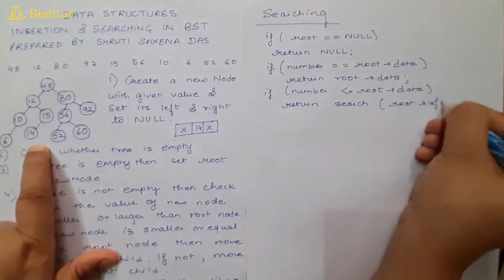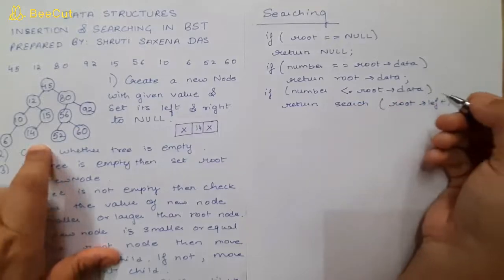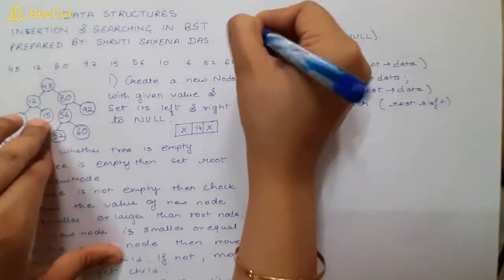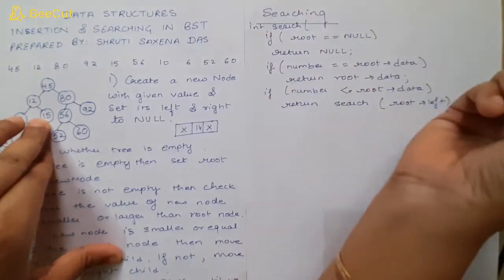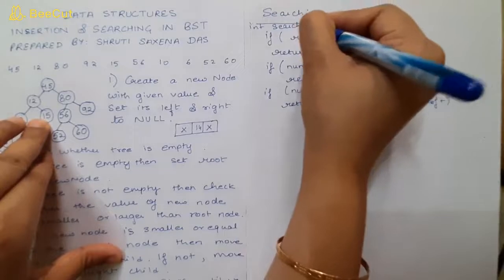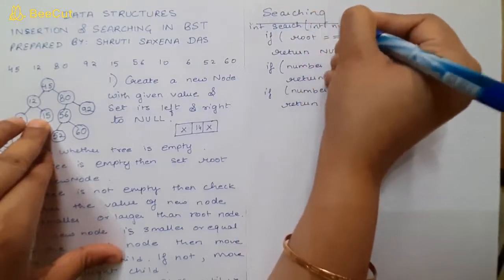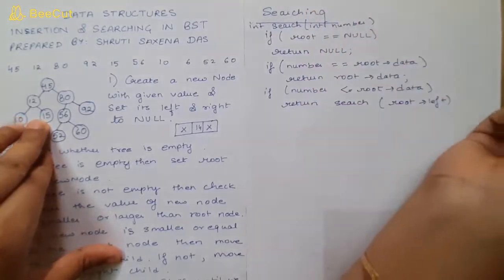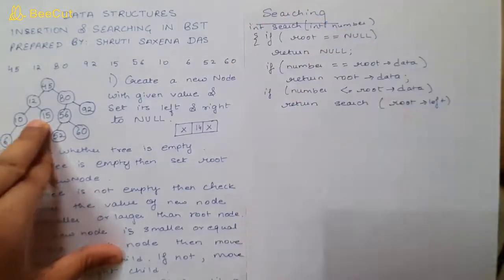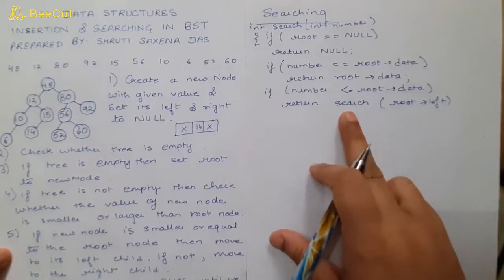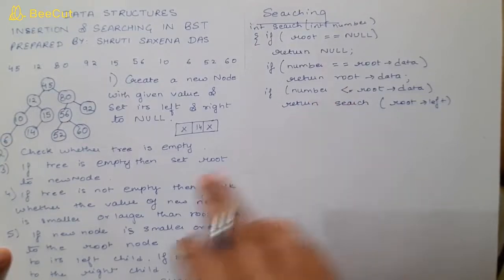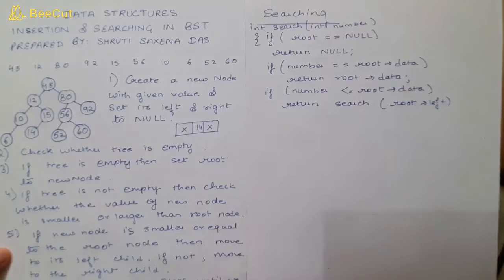So we have to recursively call the search. This is the function search, we can pass the number, int number, which we are searching. We are calling the same function again, that means we are using recursion, and recursively we are searching in the left only.